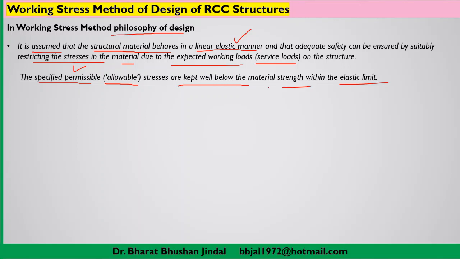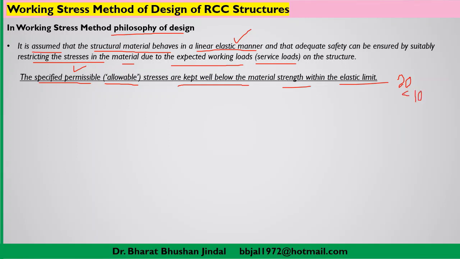For example, if we say concrete is of M20 grade, then 20 MPa will be the strength of the concrete in compression, and as per this methodology we will be reducing that strength for our calculation. Let us take the concrete strength as 20 MPa, and we can take it as allowable only 10.